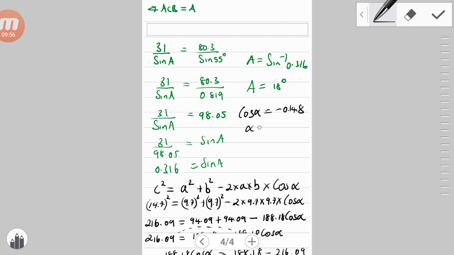All right, and so alpha is going to be cosine inverse, or arc cos, of negative 0.148. Do not forget to insert the negative into the calculator. We're expecting our answer to be greater than 90 degrees here, so cos inverse of negative 0.148, we're getting an answer of 98 degrees approximately.